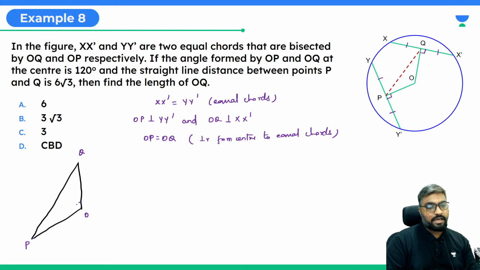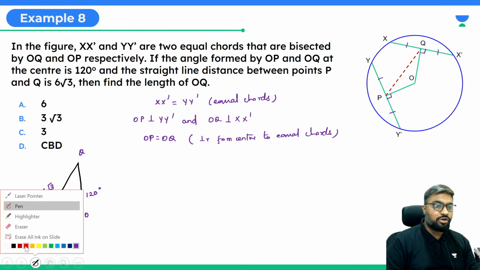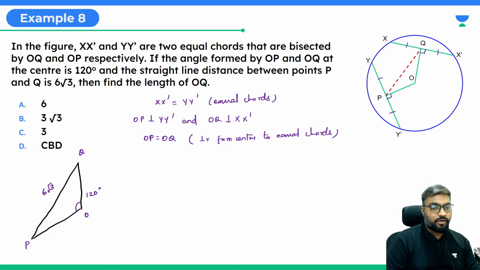They're saying this angle is 120 degrees. Yes, OP and OQ length is not given, but PQ's length is given. Distance between the points P and Q is 6√3. Yeah, so if I were to draw a perpendicular from P, then what would happen?